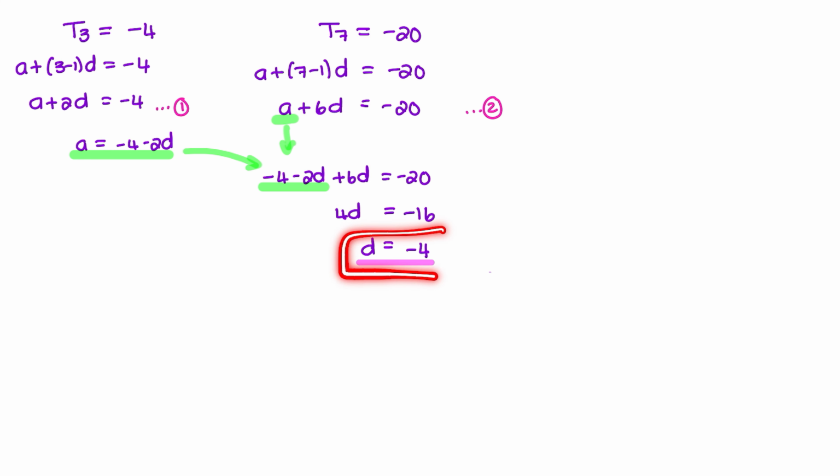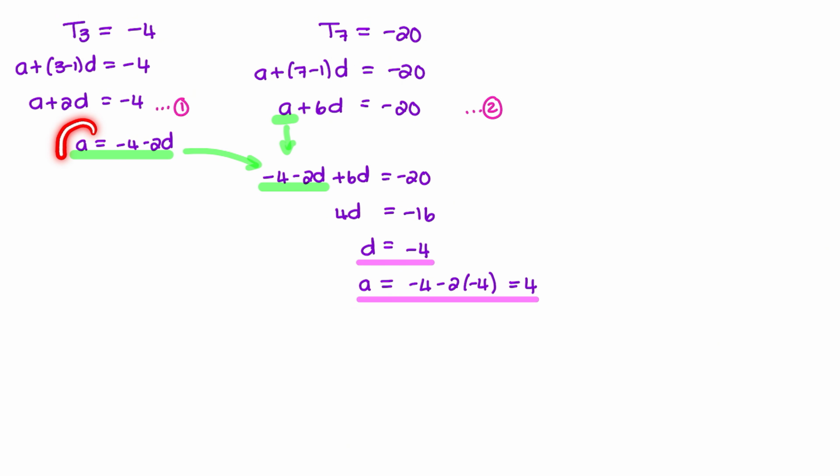When I divide both sides by 4, I have d as -4. Now, to get the a value, I substitute the d in that equation with -4. So a is equals to -4 minus 2d multiplied with a value of d, which is -4. So therefore a is equal to 4.